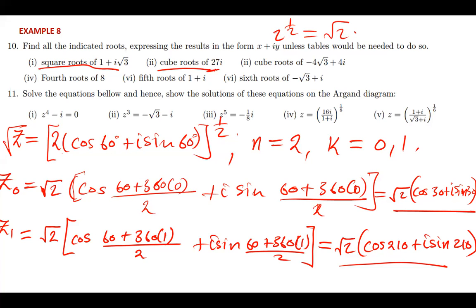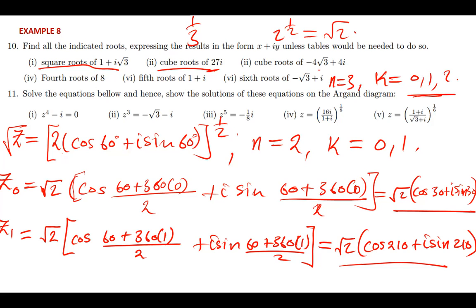Since it's a cube root, n will be 3. Then the values of k will be 0, 1, and 2. This is what will happen.